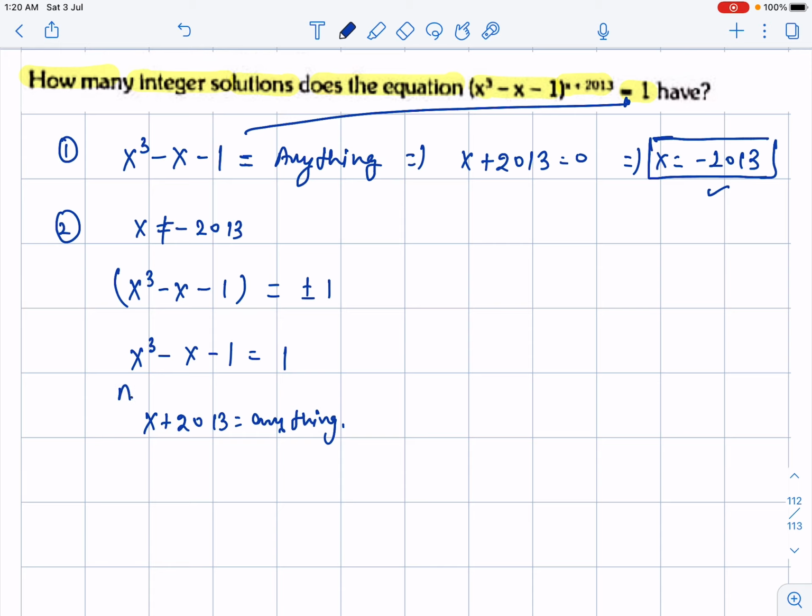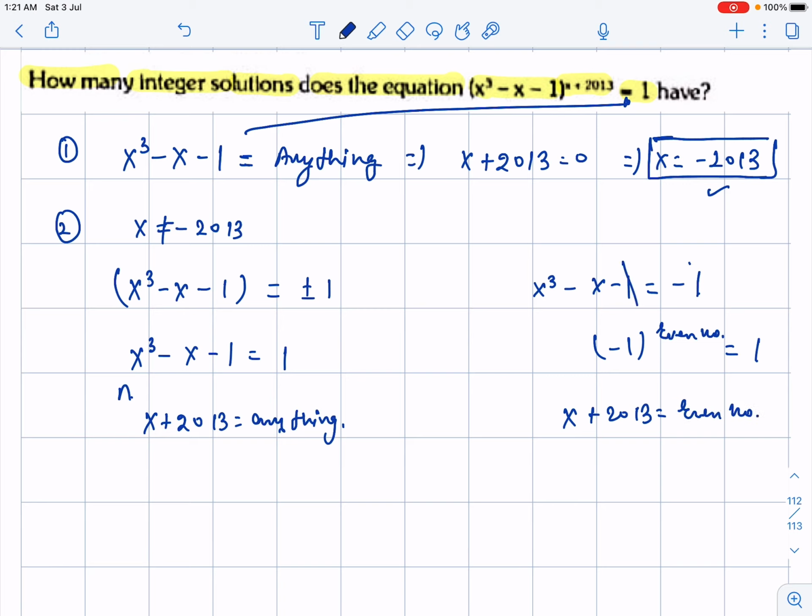Okay, now next thing what I'll be taking, x cube minus x minus 1 is equal to minus 1, but minus 1 to the power even number will be only plus 1, you might be remembering. That means x plus 2013 should be equal to an even number if it is minus 1.